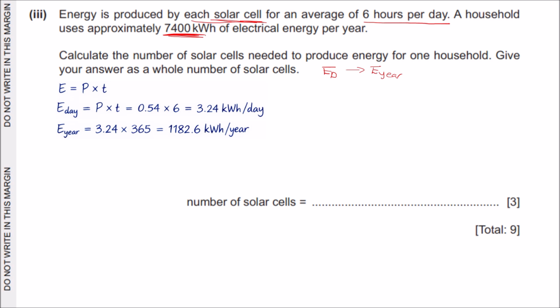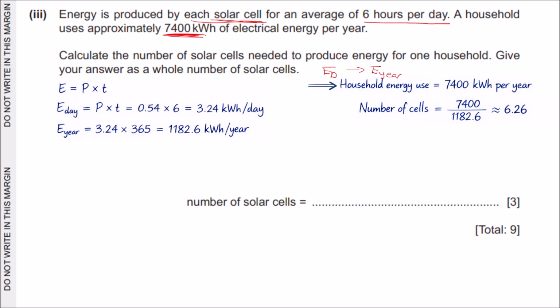This is energy per year. Now that we know the energy per year and the energy requirement per year, number of cells is equal to energy required per year divided by the energy produced by each cell per year. Therefore, it requires 6.26 cells to produce this energy in a year.